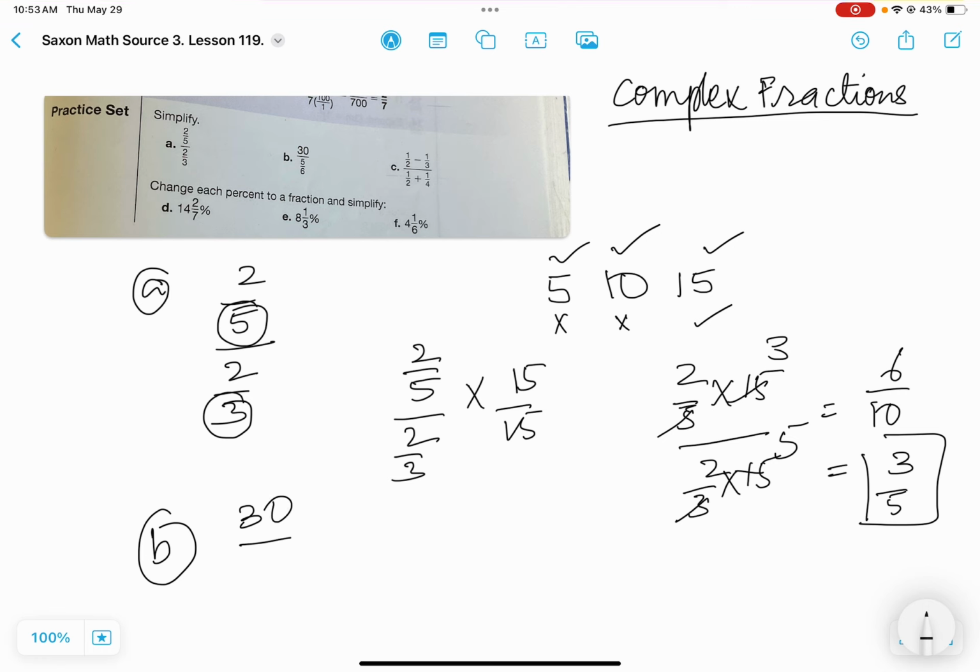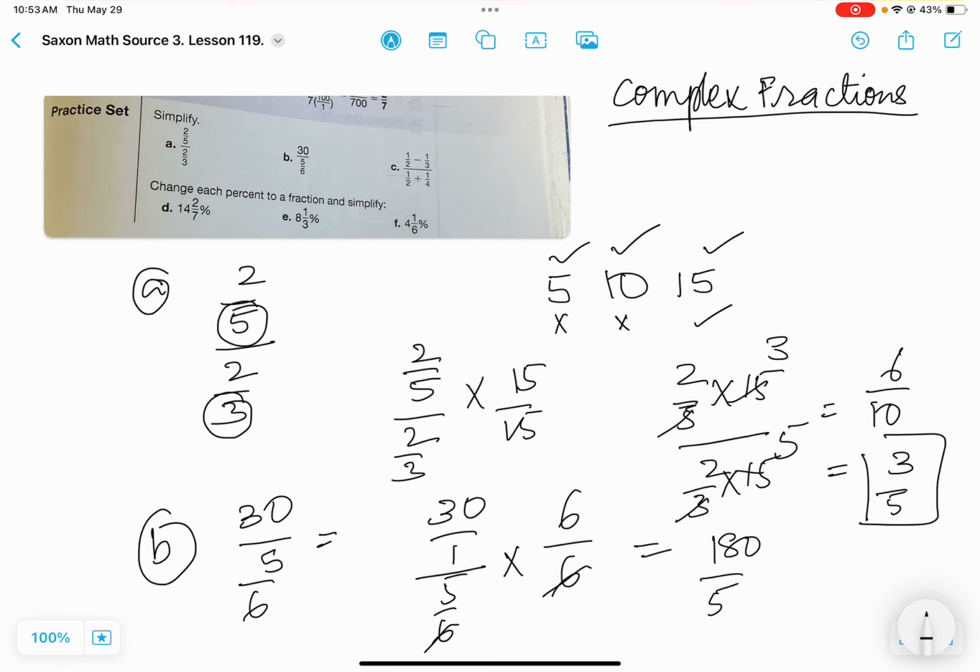Okay, now B. 30 by 5 by 6, which is nothing but 30 by 1 over 5 by 6. The common denominator is 6, because 6 is divisible by 6 and 1 as well. So that will be 30 times 6, 180 by 5.